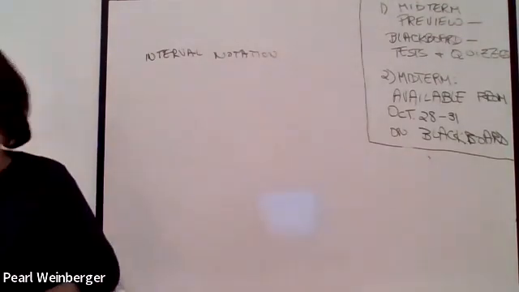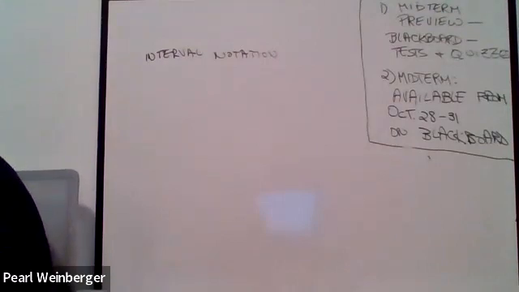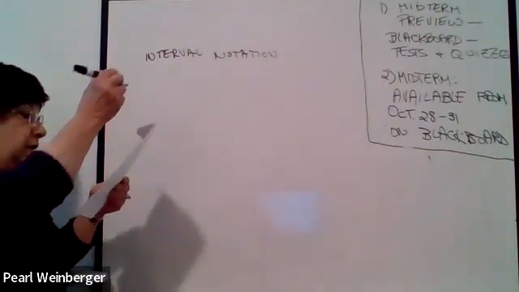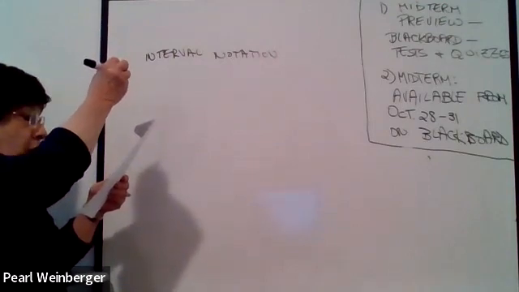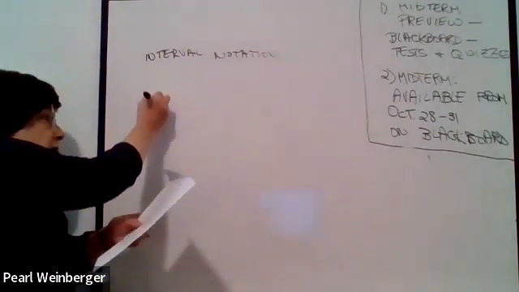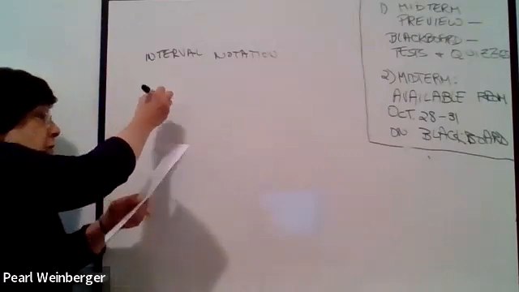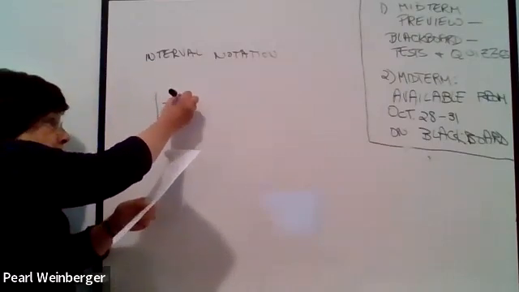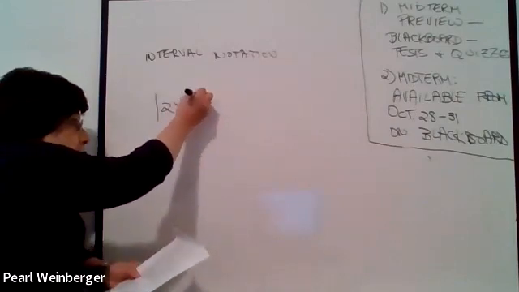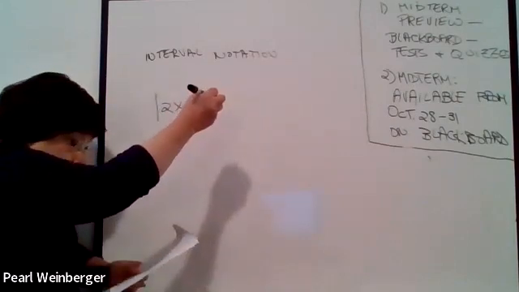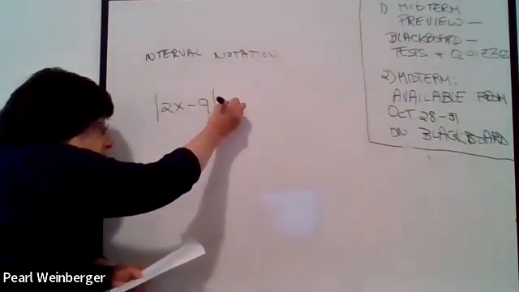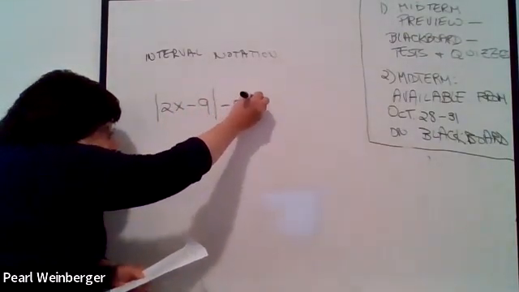Don't forget, when you have an absolute value equation, suppose you have something like this. The absolute value of 2x minus 9, minus 5 equals 10.